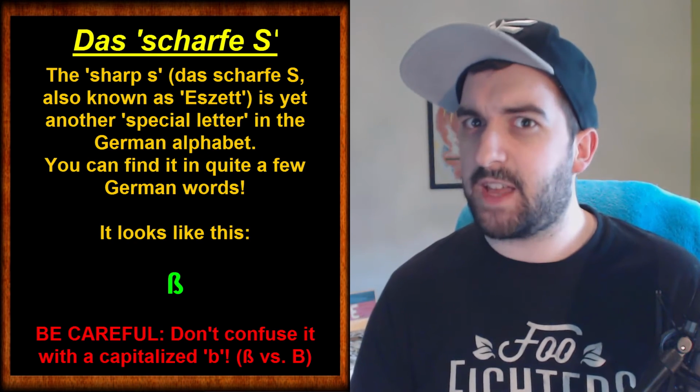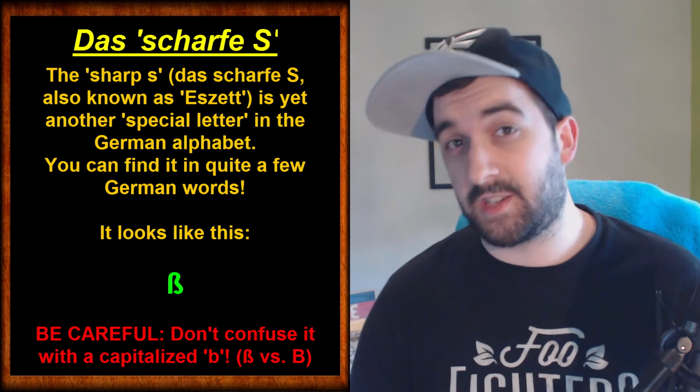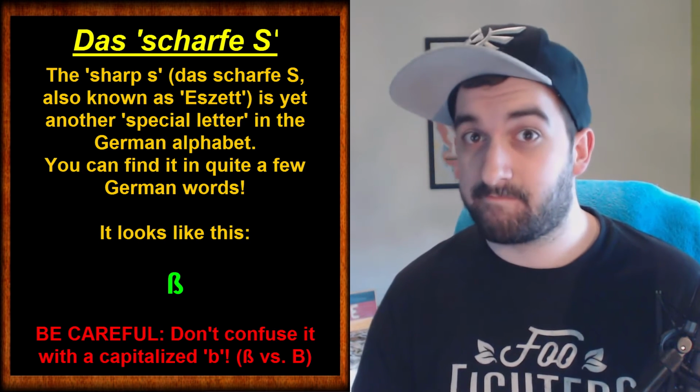And yes, there is yet another special letter in the German alphabet that adds up to the 29 already mentioned ones. Das scharfe S, the sharp S, also known as Eszett.